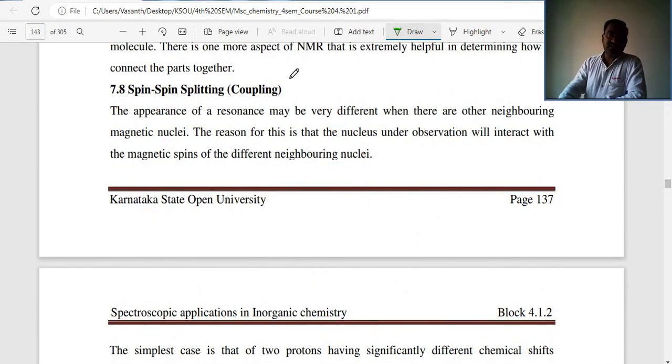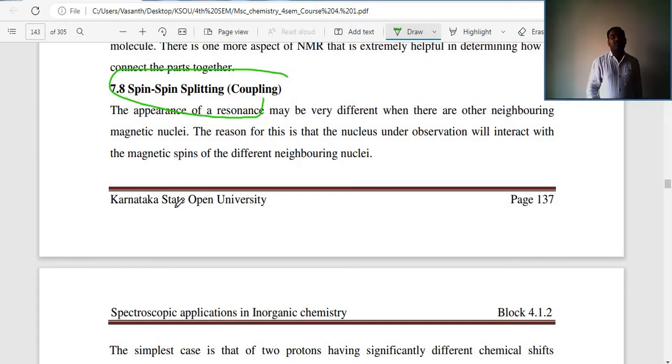The next concept is spin-spin coupling. The appearance of resonance may be very different when there are other neighboring magnetic nuclei. The reason for this is that the nucleus under observation will interact with the magnetic spin of the neighboring nuclei.